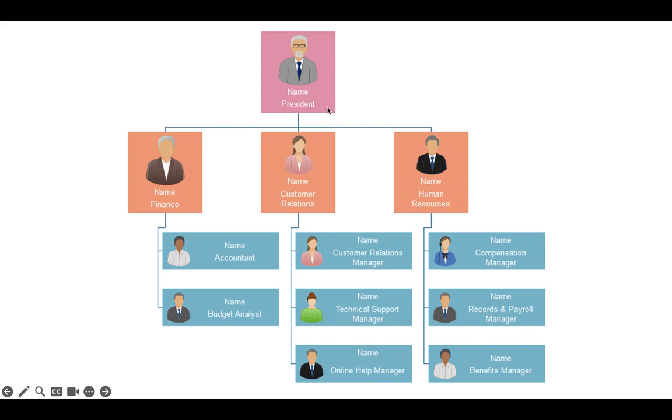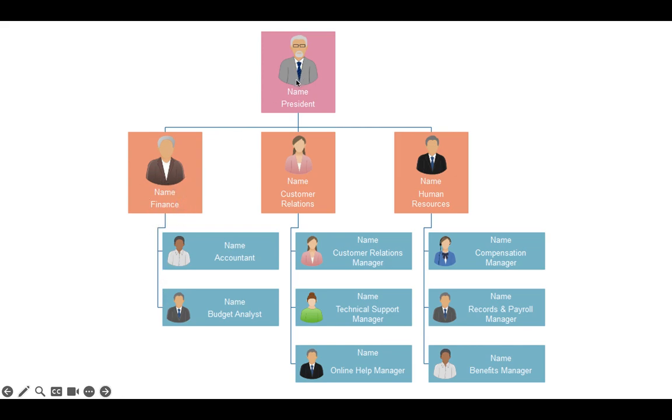And so there's a president, and then he put a person over each one of those three different functional areas. And then underneath the first finance area, there are two people that report directly to this person. And if you look at the lines, they show that this person does not report to this person. Instead, both of them equally report to this person.